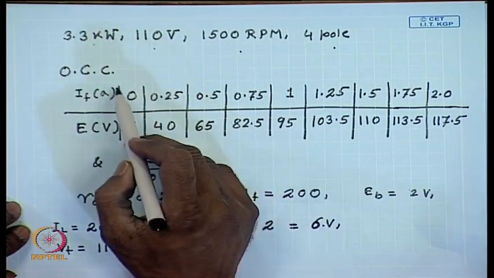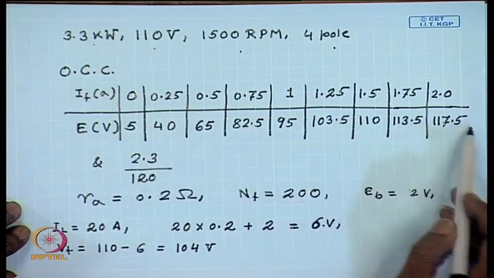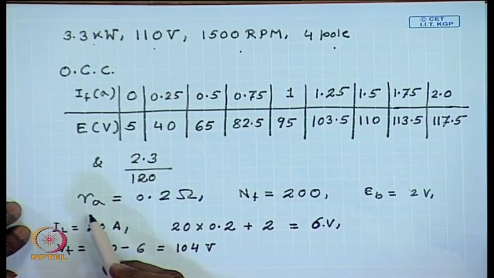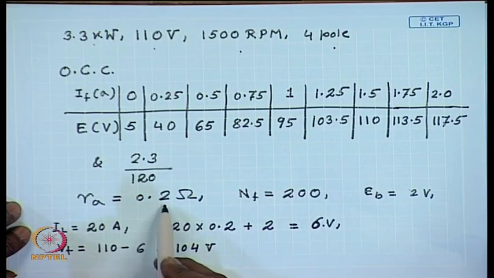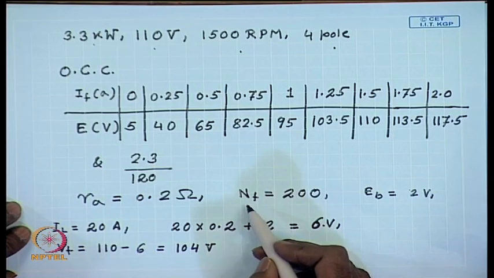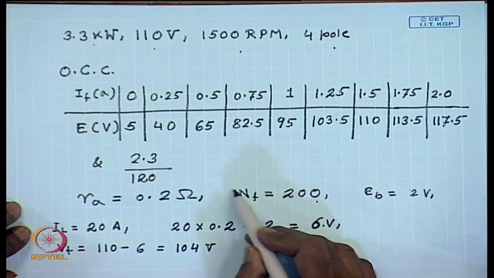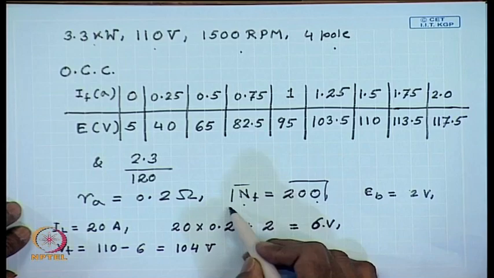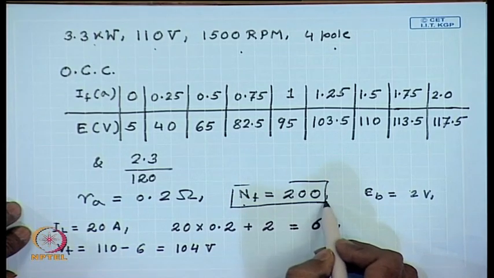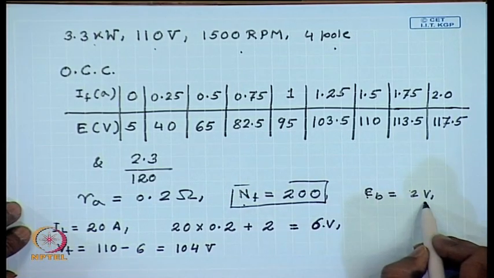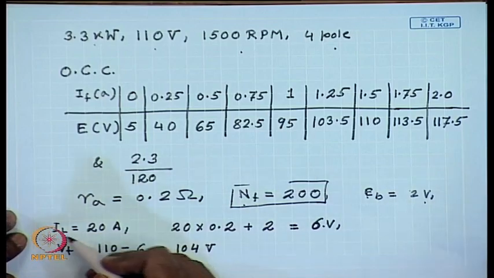The open circuit characteristics is given by this table. The armature resistance is 0.2 ohm, the number of field turns is 200, the brush contact drop is 2 volts.